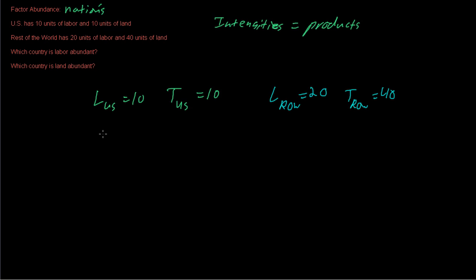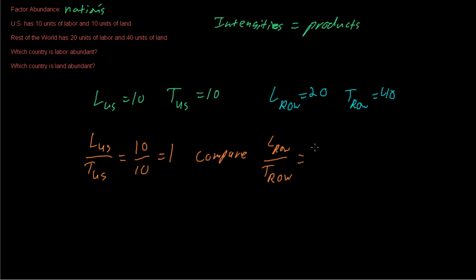If we want to answer labor abundant, we're going to put the labor for the US over the land for the US, which is 10 over 10, which is equal to 1. And we're going to compare that to the labor for the rest of the world over the land for the rest of the world, which is 20 over 40, which is equal to 1/2.